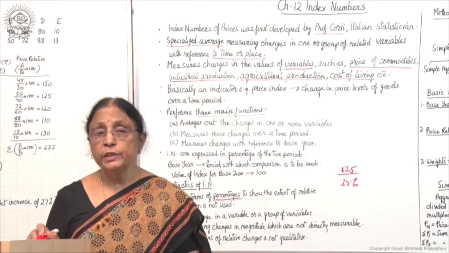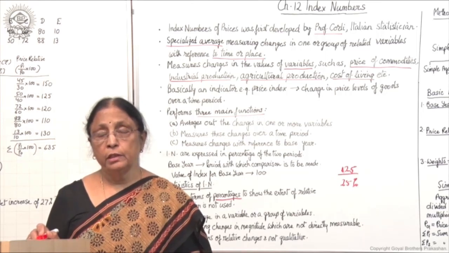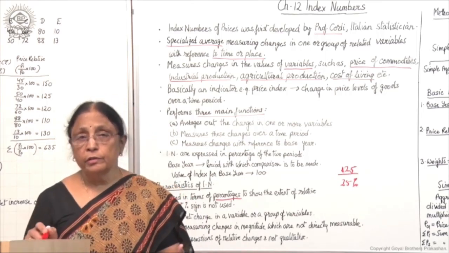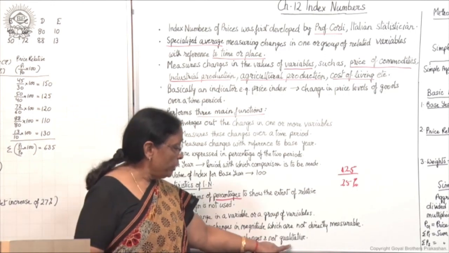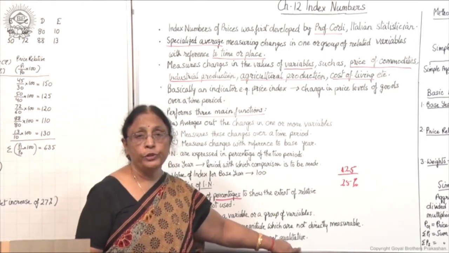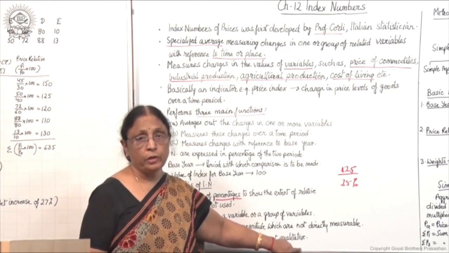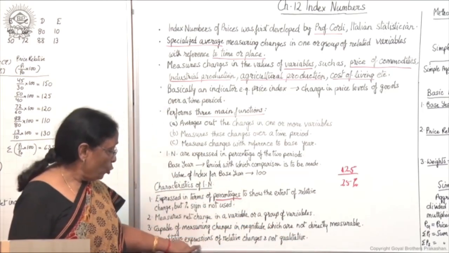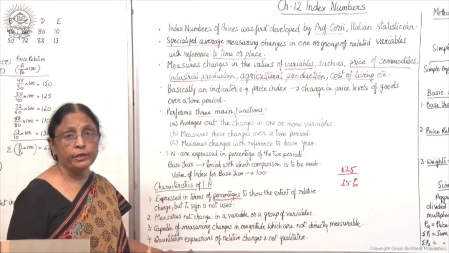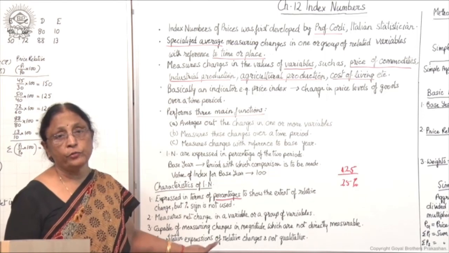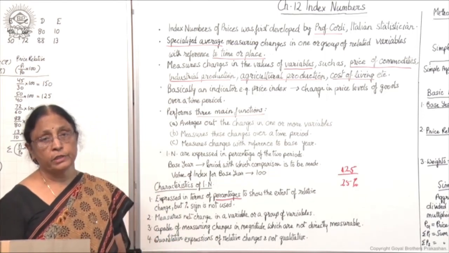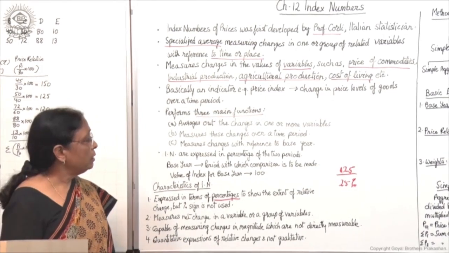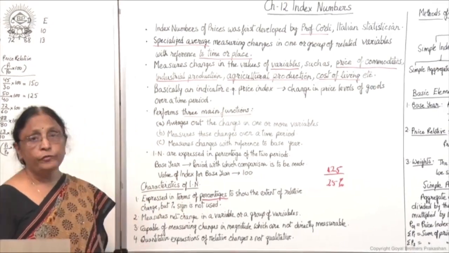It does not give the qualitative expression of beauty, honesty, intelligence, etc. So only quantitative expressions are measured with the help of index numbers. So these are the basic characteristics of index number.